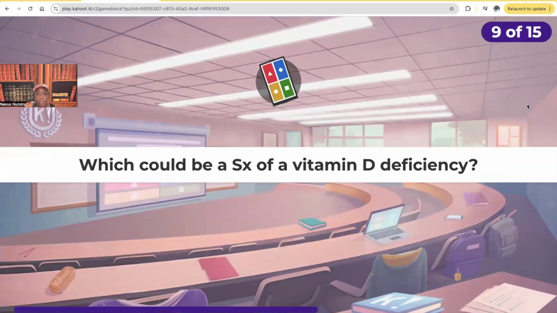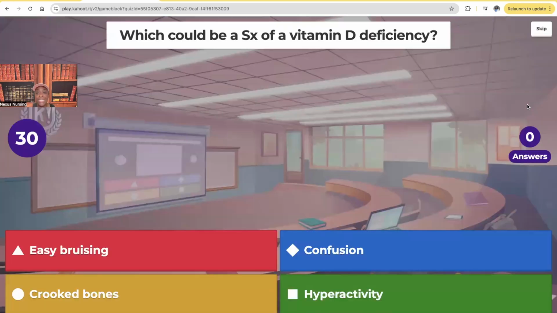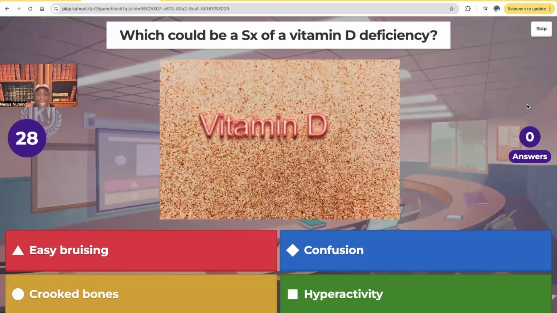All right, which could be a symptom of a vitamin D deficiency? Would it be easy bruising, confusion, crooked bones, or hyperactivity?